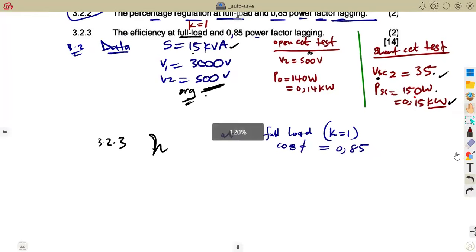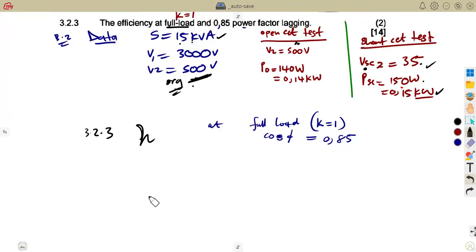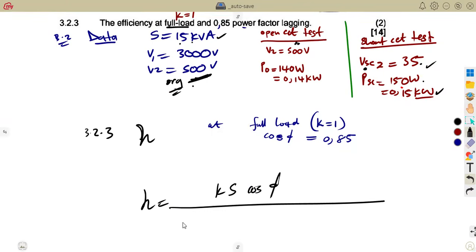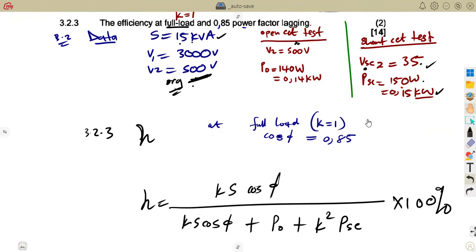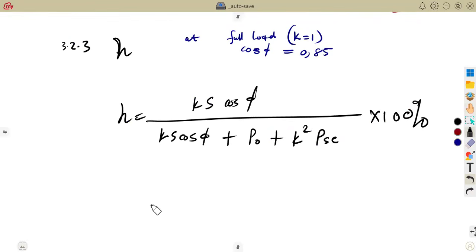We saw that our efficiency can be calculated as K S cos phi over K S cos phi plus P open circuit plus K squared P short circuit, times 100%. Substituting these into our formula will give us our efficiency. Remember, at full load K is 1.